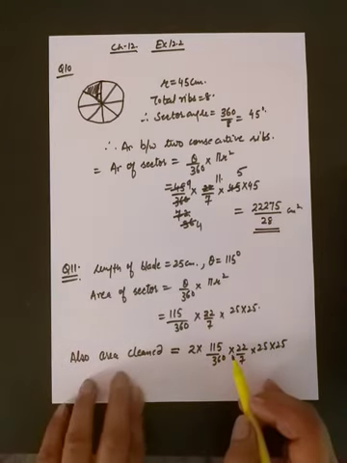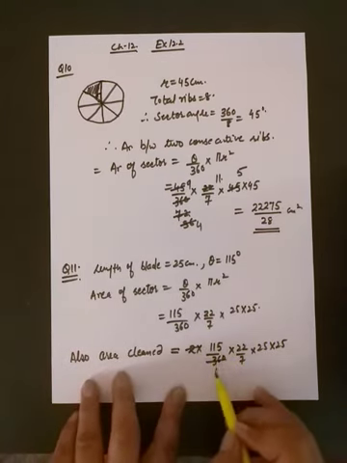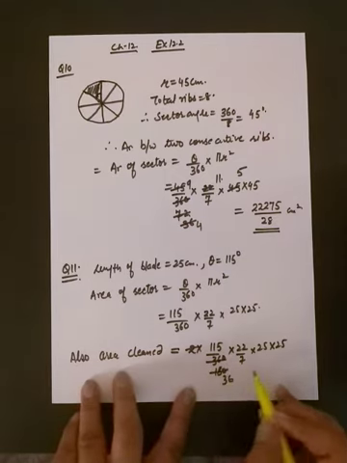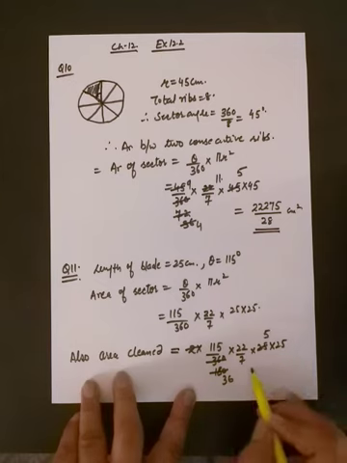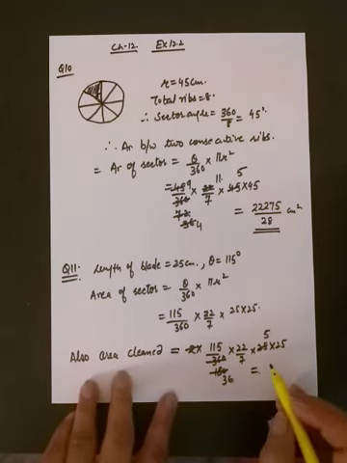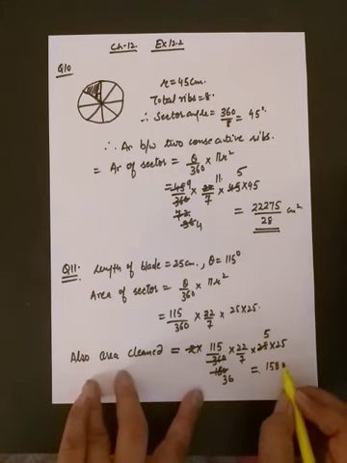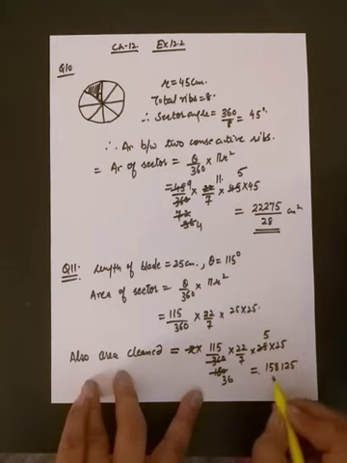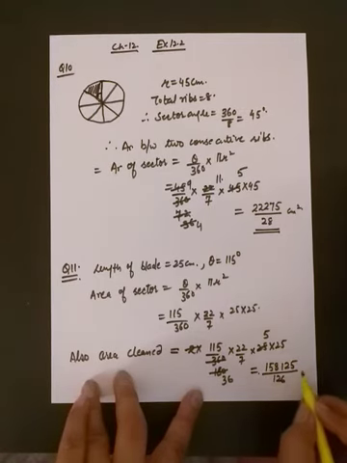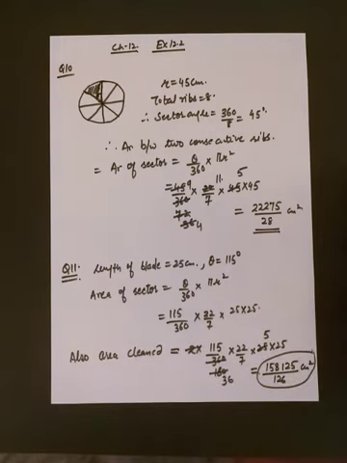Now we can solve it. So now we have to multiply it and we will get 1,58,125 by 126 centimeter square. Now you will convert it into decimals.